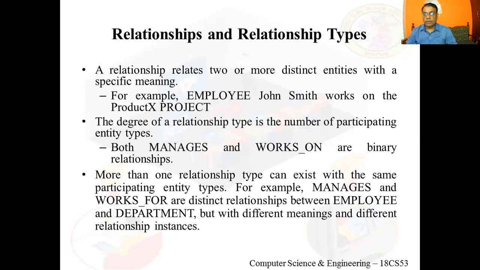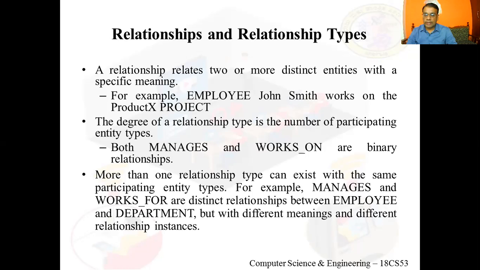First of all, let us try to understand the definition of relationship. A relationship links two entities together, so it can be called an association among two entities. A relationship relates two or more distinct entities with some specific meaning associated with them. In the example here, employee is related to project.